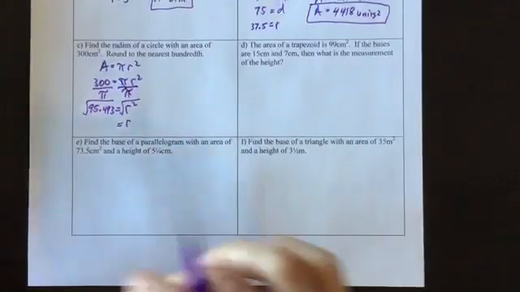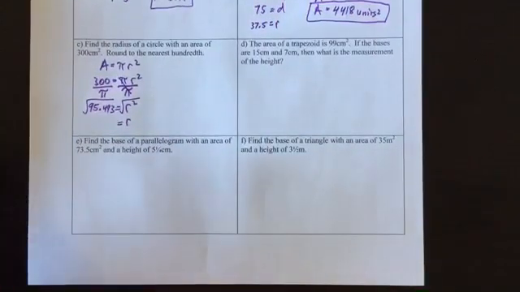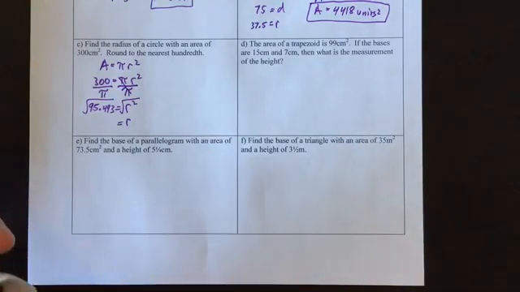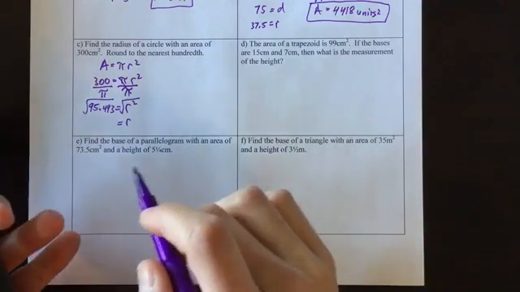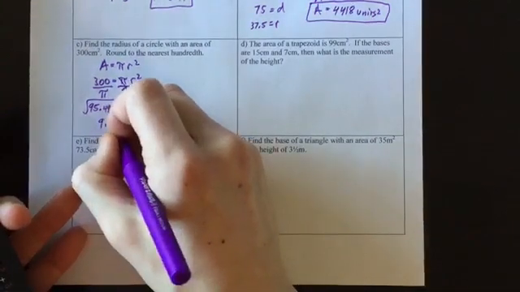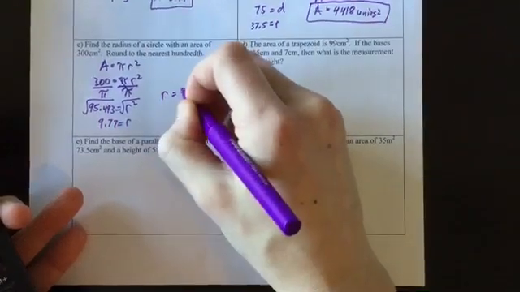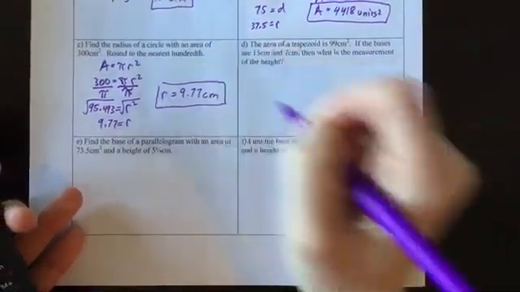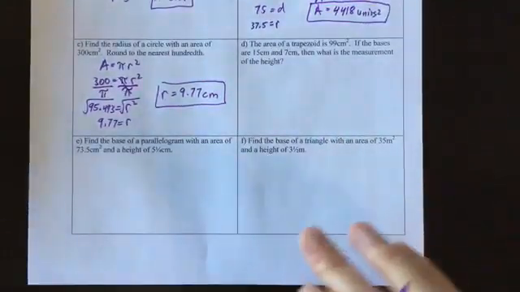So we've got the square root of 95.493. And we can round to the nearest hundredth now, and that's going to be 9.77. So our radius is 9.77 centimeters. Always want to make sure we include our units.